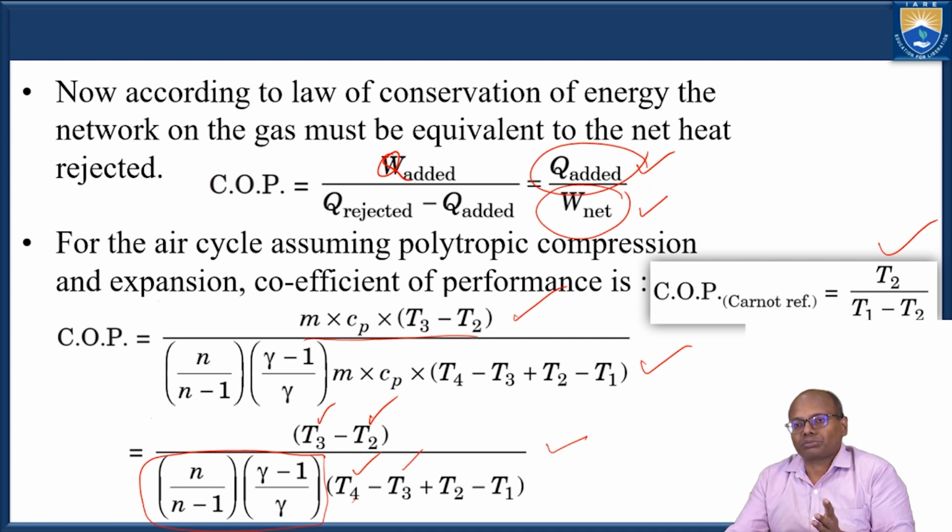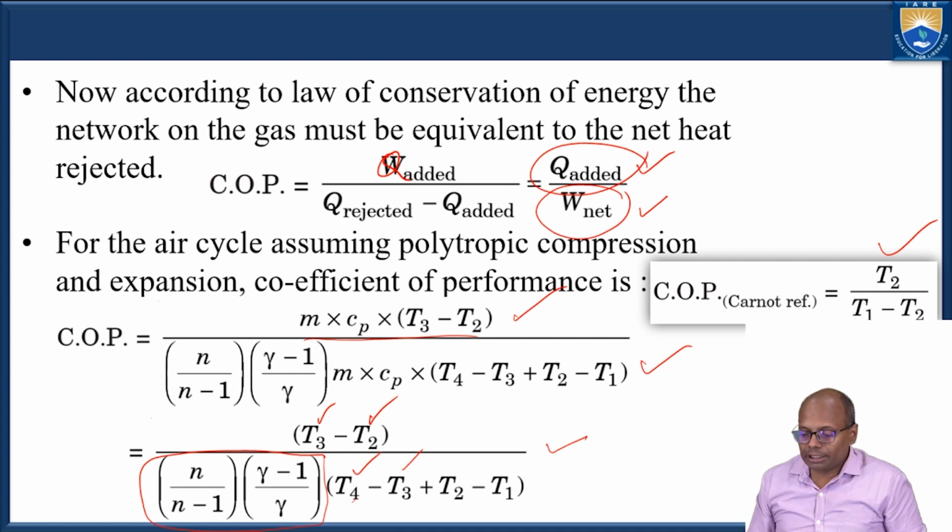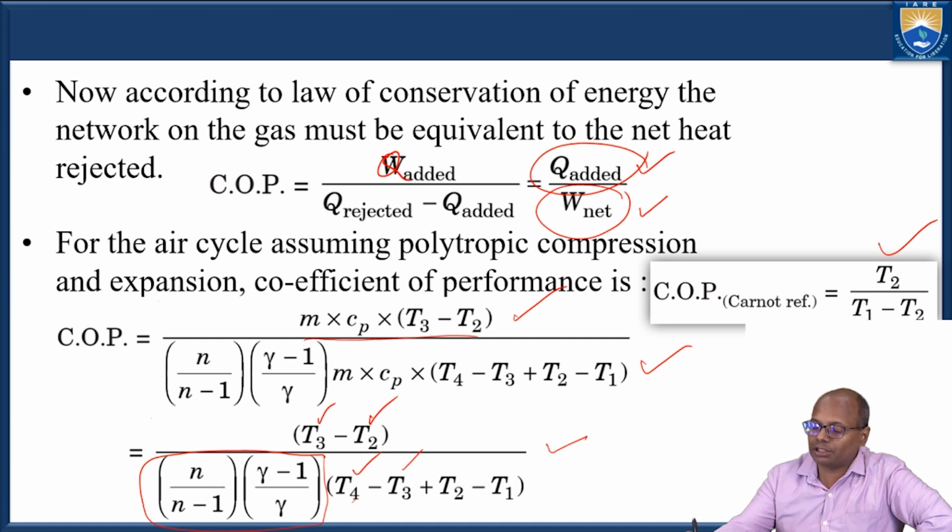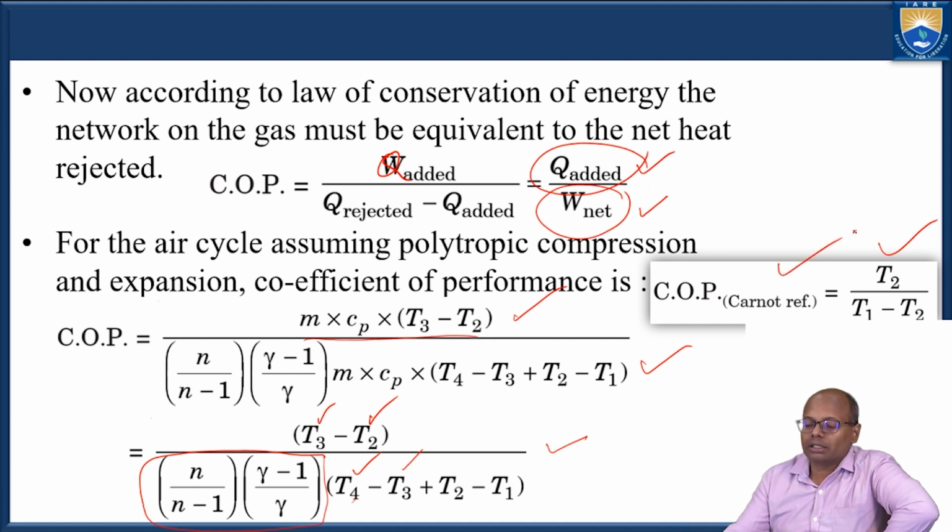So the COP will decrease a little bit as compared to the Carnot cycle COP. So the COP of the Brayton cycle is less than the COP of the Carnot cycle.